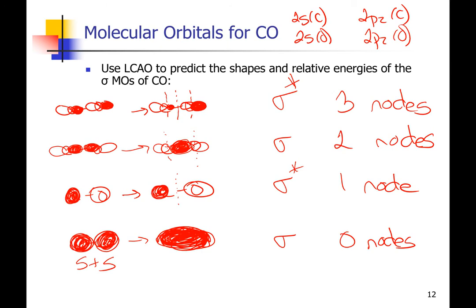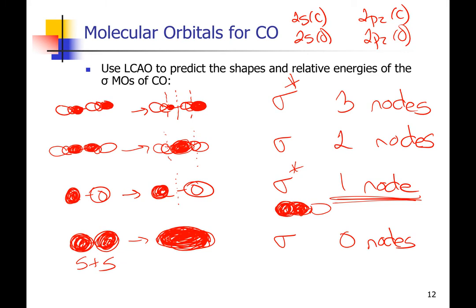Now, the nodes don't have to be exactly where I placed them. There are other ways to generate molecular orbitals with those number of nodes, at least the 2 middle cases, by combining different sets of those atomic orbitals. For example, I could have made the 1 node version by combining the s on the carbon in phase with the p on the oxygen, and that would also have given me something with 1 node, and that would be a completely reasonable suggestion for you to have made because it is compatible with the symmetry of this molecule.